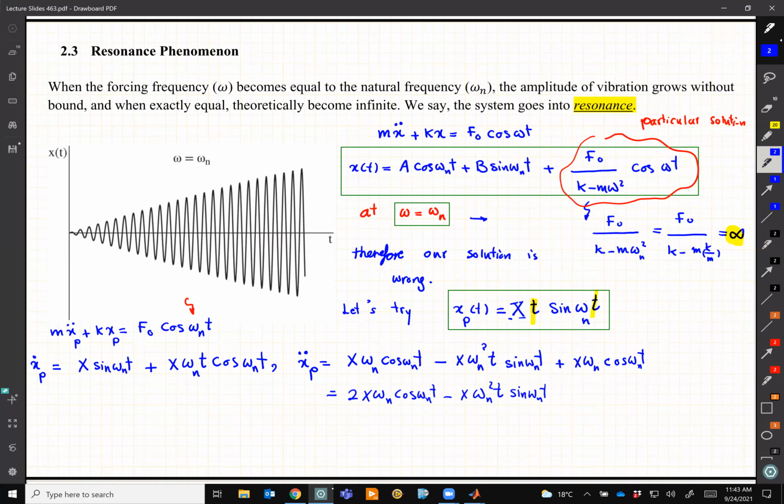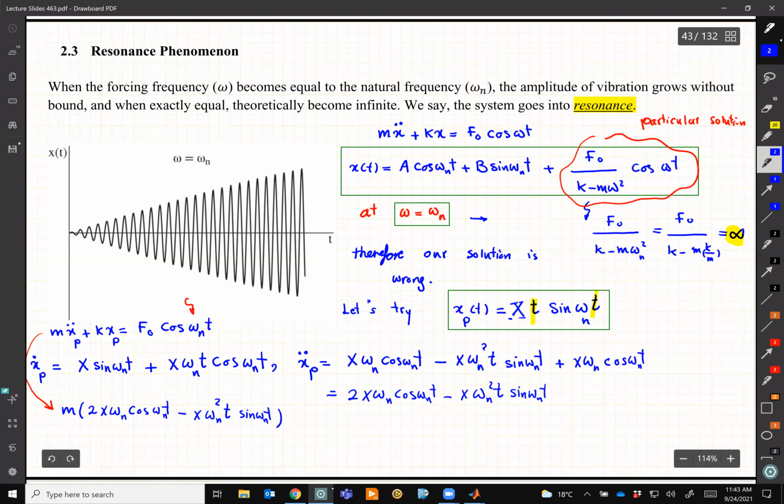So what I need to do then, I put everything and substitute everything here. I will have m x double dot p, which we concluded is 2x omega n cosine omega n t minus x omega n squared t sine omega n t, right?